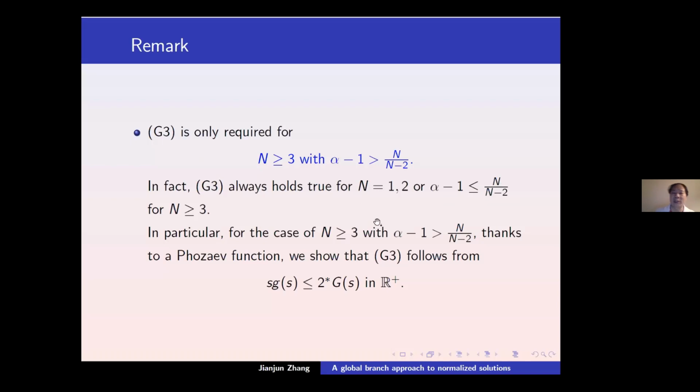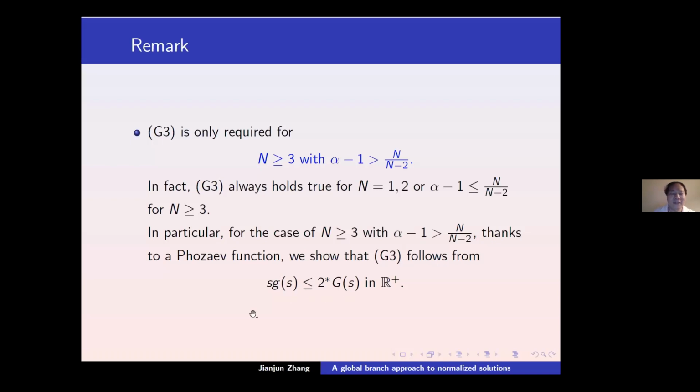Here we just want to use this G3 to get some Liouville type theorem. Then we can use this Liouville type theorem to get some contradiction. In particular, for the case of n greater than 3, with alpha minus 1 strictly bigger than n over n minus 1, we can show that the last assumption G3 can be deduced from this assumption.